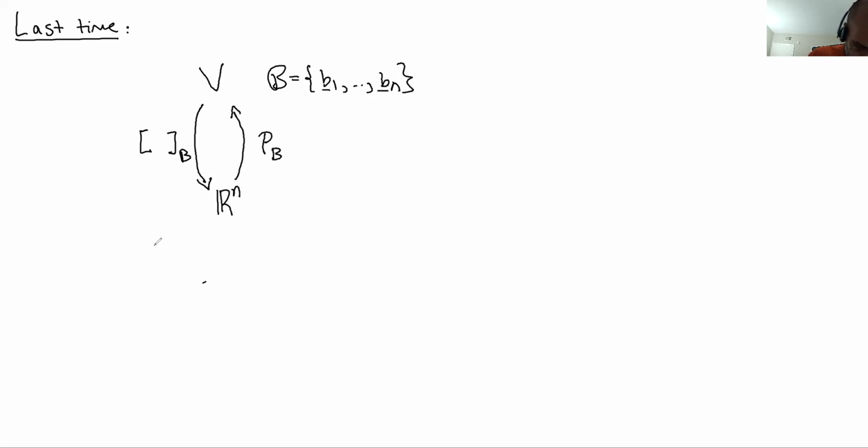And this has the very important property that any statement that's true in V is true in Rn and vice versa. So any statement about vectors, such as this, is true if and only if the corresponding statement is true about the coordinate vectors.